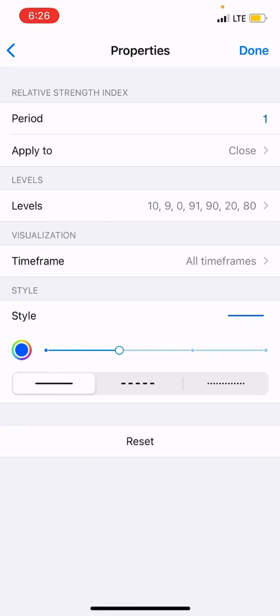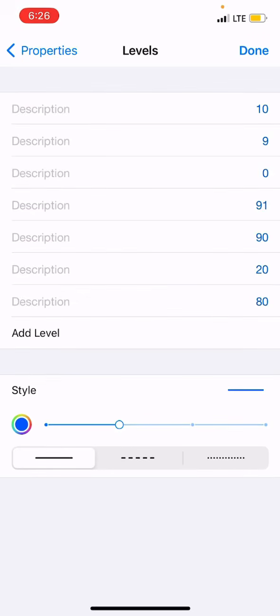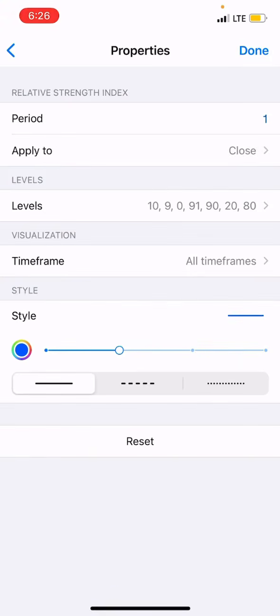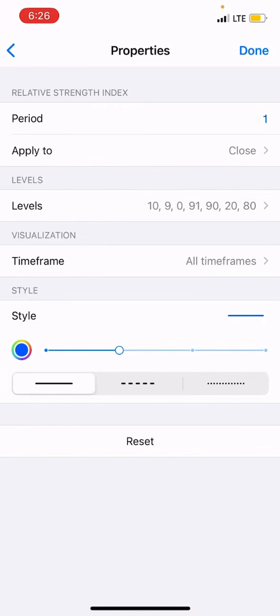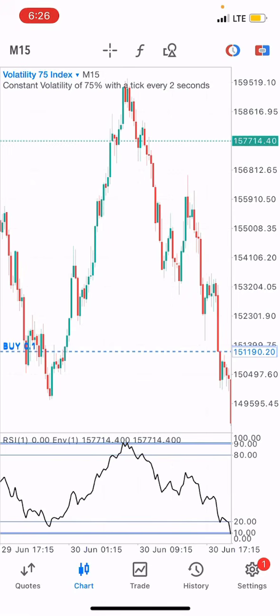Then for the levels, we have level 10, level 9, level 0, and then level 91, 90, 20, and 80. You give it any color of your choice. You can select any type of line you want, either broken or dotted, but I prefer using the normal line. After doing that, you click on done. Then you click on done again. That is for the RSI.